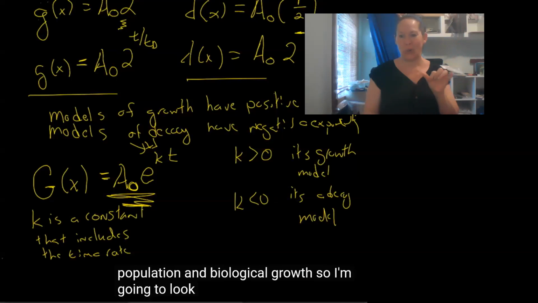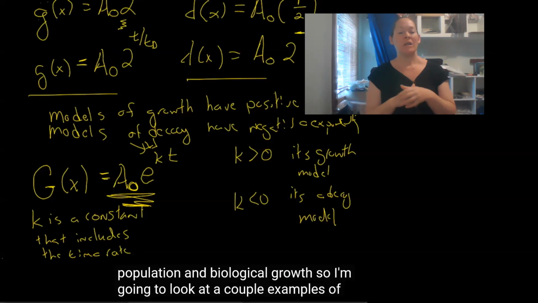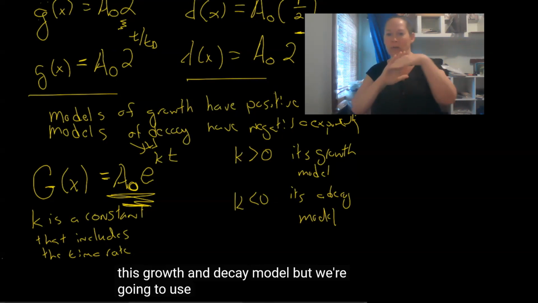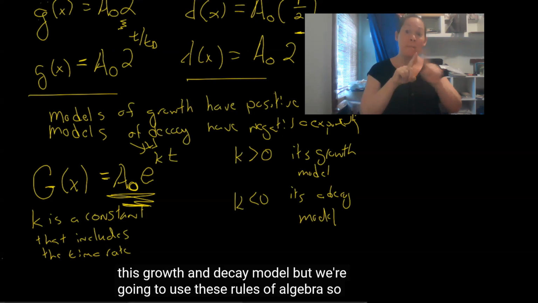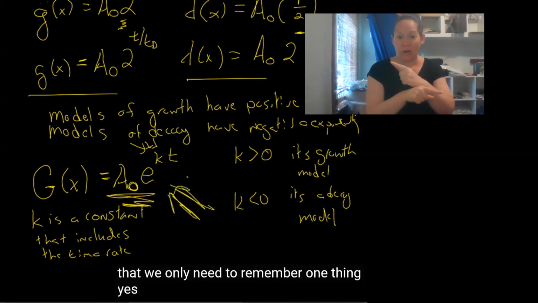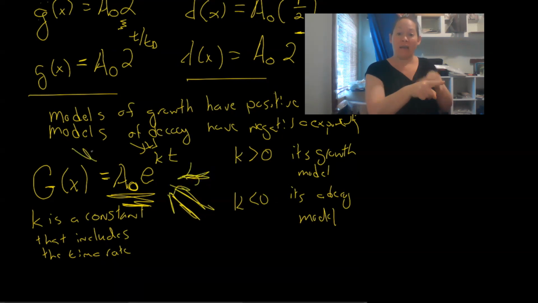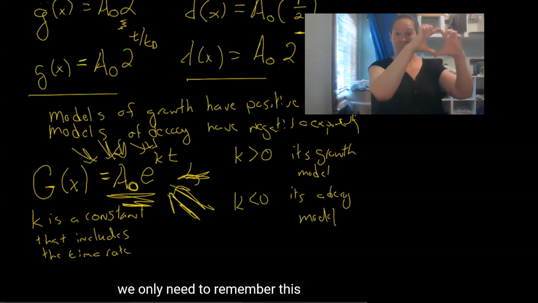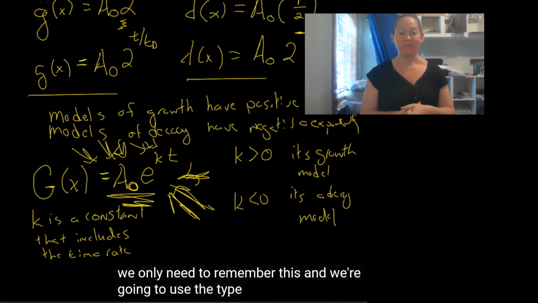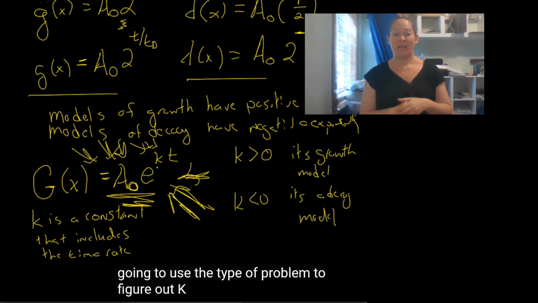So I'm going to look at a couple examples of this growth and decay model, but we're going to use these rules of algebra so that we only need to remember one thing, this. We only need to remember this. And we're going to use the type of problem to figure out k for us.